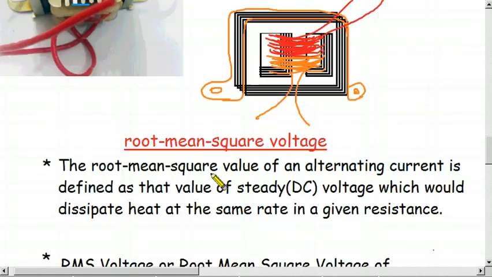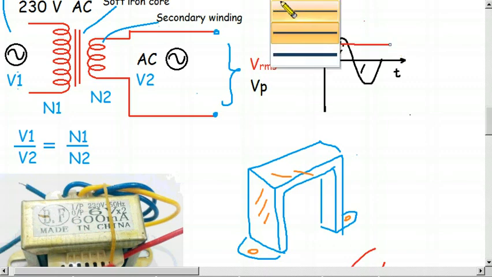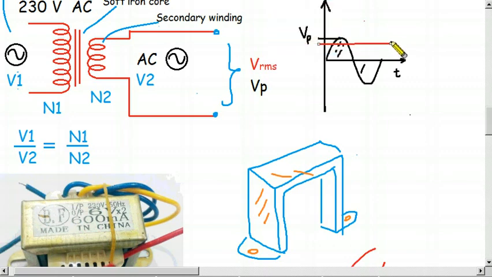So that is called Vrms. So that lies here in this graph, a little bit below this V peak value. So this one is Vrms, this one is Vrms.